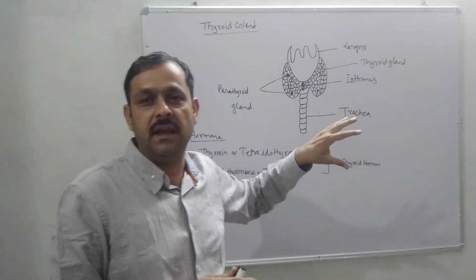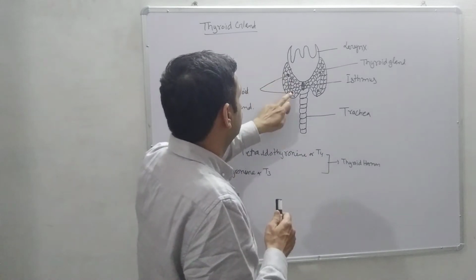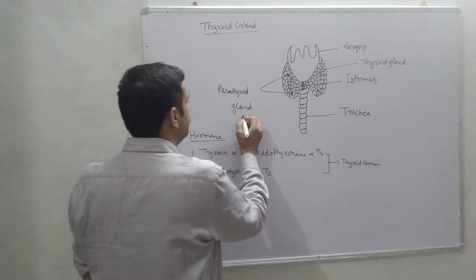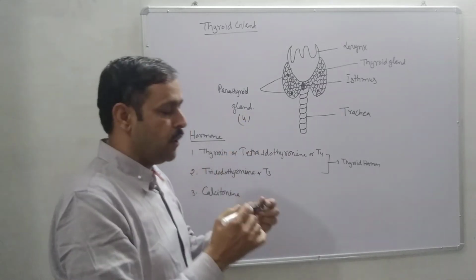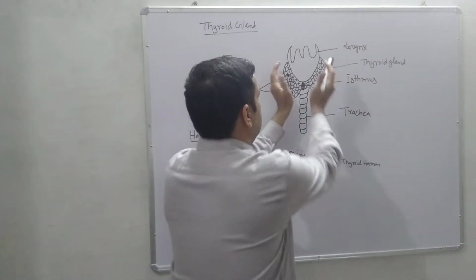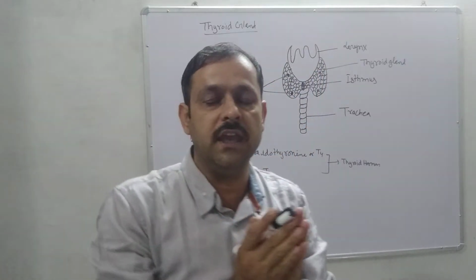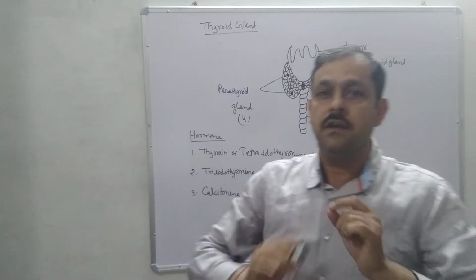The number of parathyroid glands is 4 and the number of thyroid gland is 1, and it joins the ventral and lateral part of the trachea in the cervical region.